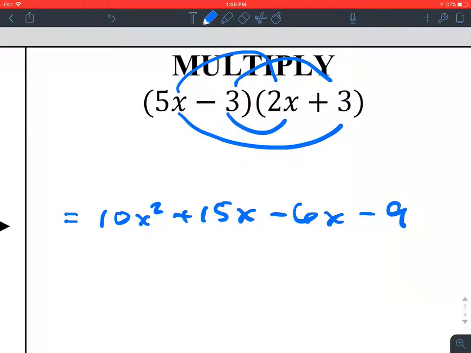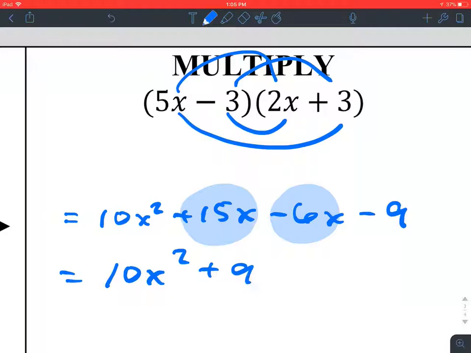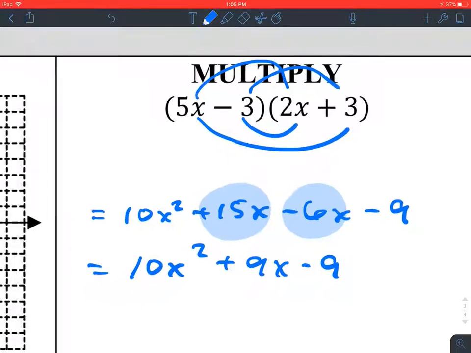A -3 times a -3 is -9. I misspoke. A -3 times a positive 3 is -9. These two middle terms are like terms. We can combine those together. So we get this trinomial, 10x squared plus 9x minus 9, assuming that I know how to add. Sometimes I don't.